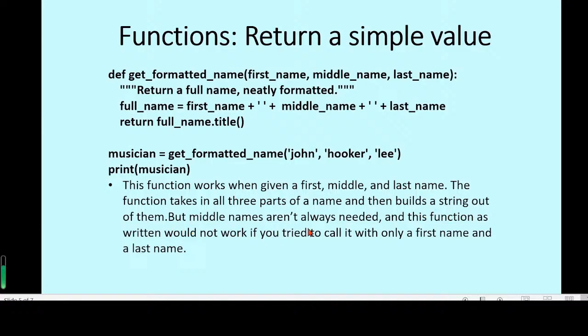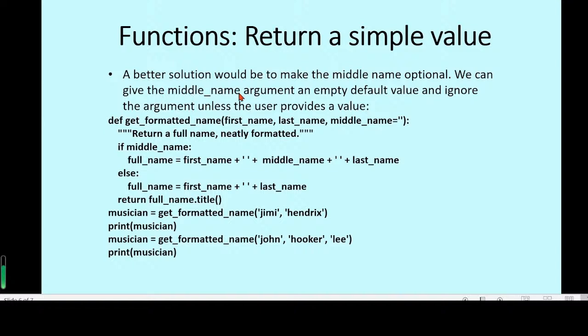But middle names aren't always needed, and this function as written would not work if you try to call it with only a first name and a last name. So this function does not work when people have no middle name to input. The better solution would be to make middle name optional.